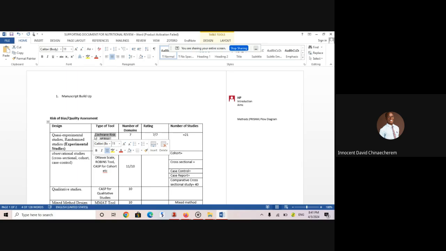And at the end of the day, once all the questions in that particular tool, which is like the risk of bias tool, the quality assessment tool, have all been passed, we can say that that individual is having a successful marriage. So that marriage as a design for that particular individual is successful.